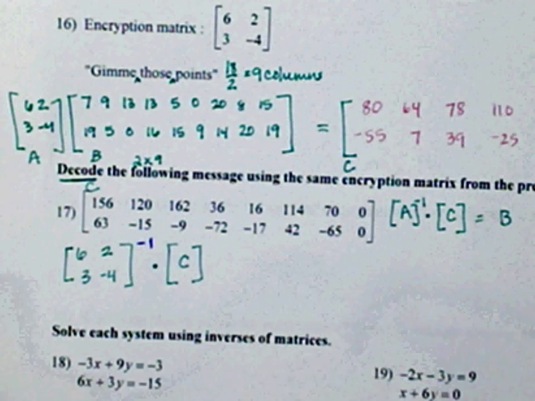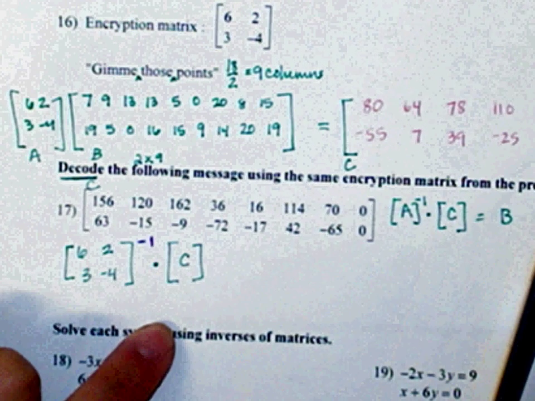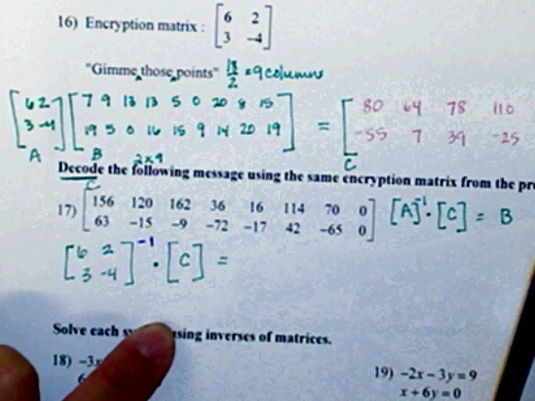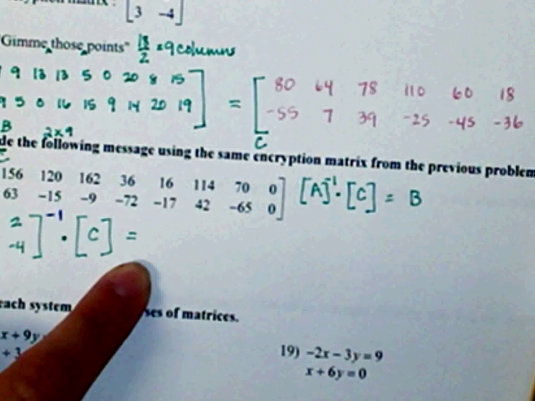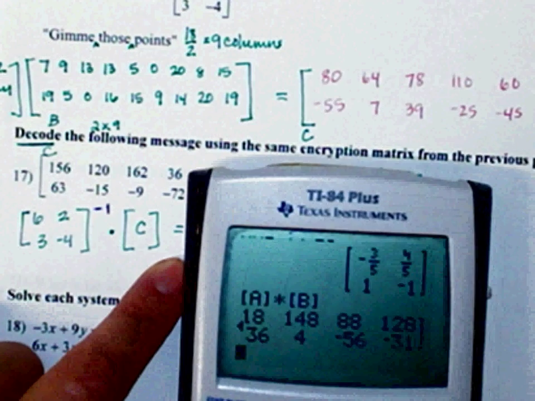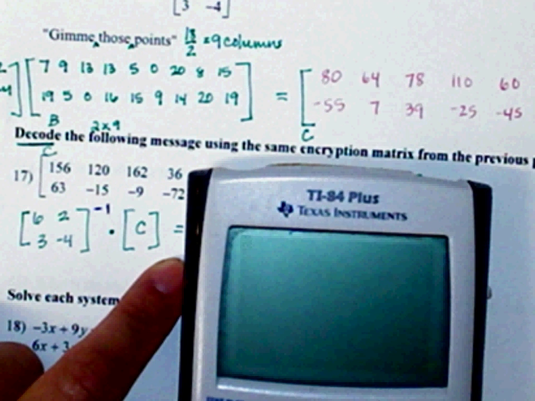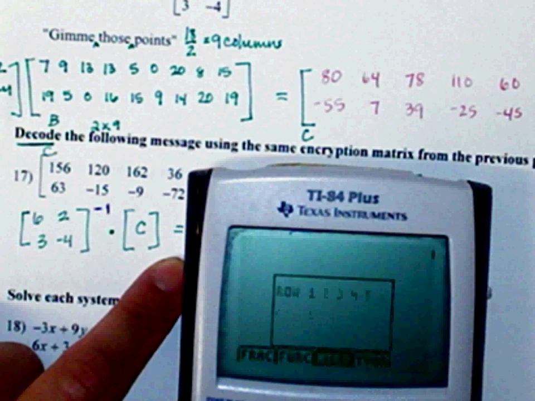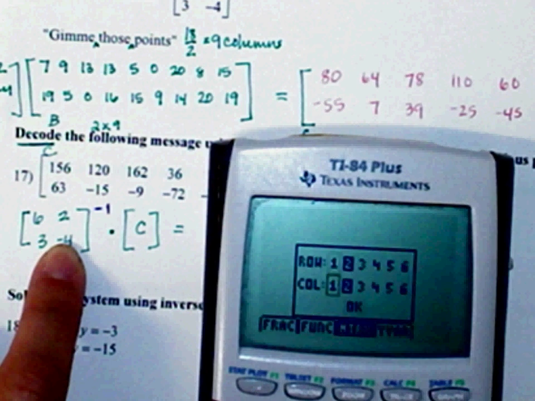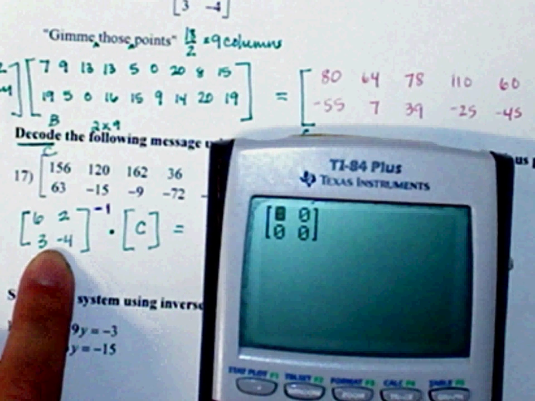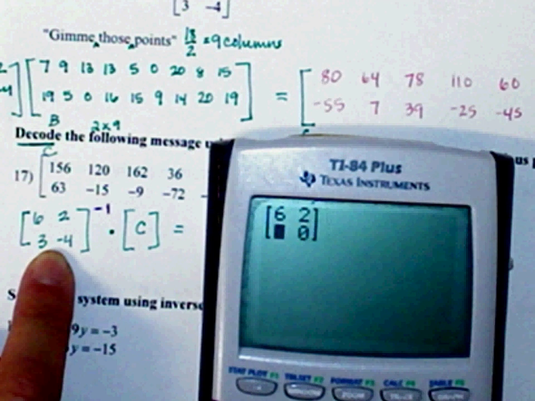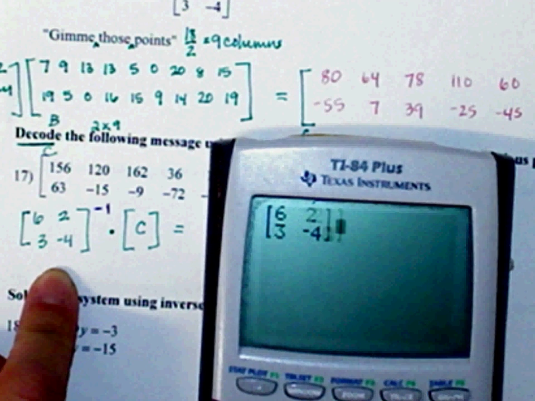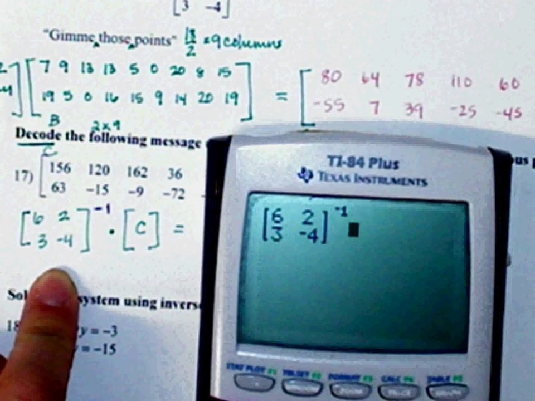And that's going to give me the number I need. Alright, so to do that, let me clear this. Go to Alpha Zoom, and I can do that because this is only a 2 by 2. Enter. 6, right click 2, right click 3, right click -4. To the -1 times. Okay?